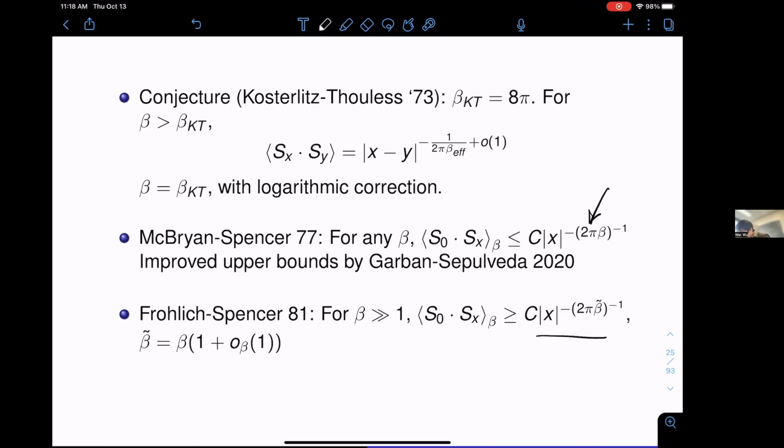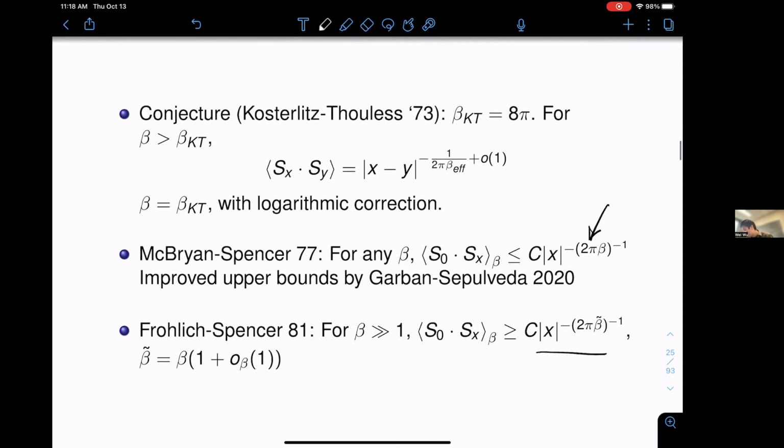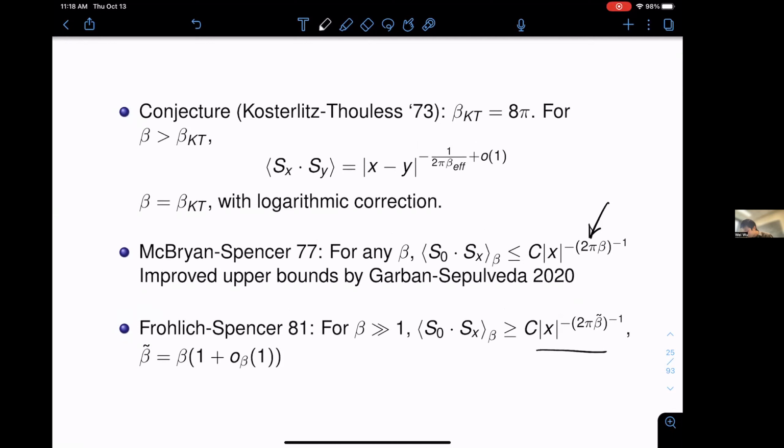Let me also mention that there was an improvement of this upper bound by Garban and Sepulveda more recently, but none of these bounds were optimal. So it would be very interesting to improve our knowledge about these spin correlations in 2 dimensions.